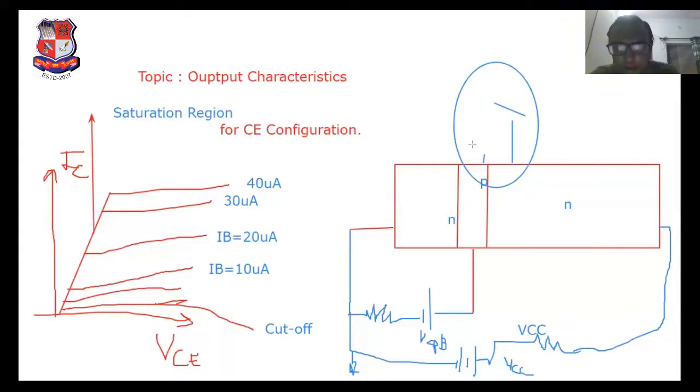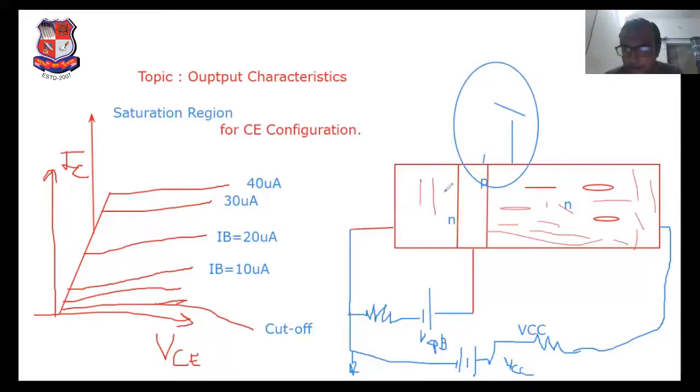Now, a large number of electrons are present in the collector, and here also a large number of electrons. See this, this is electron. Assume that.